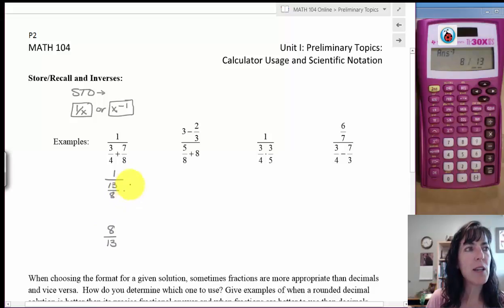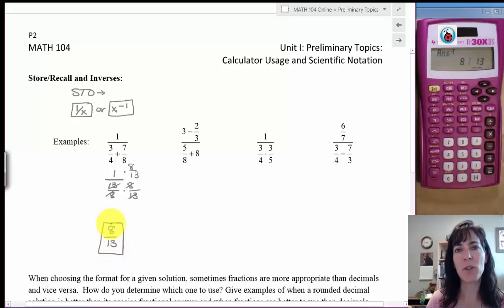And we can get to that also, if I want to show you the algebra, just by multiplying by the reciprocal of that denominator in the numerator and denominator. So a number over itself so that it's legal. And in the denominator I have 1, and in the numerator I have 1 times 8/13, and so I just get 8/13.